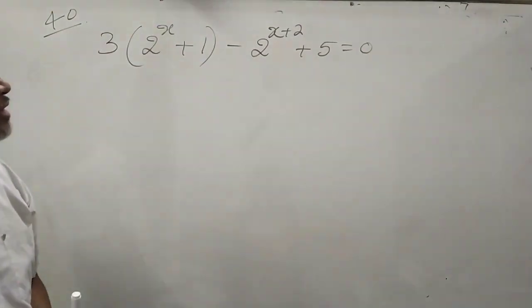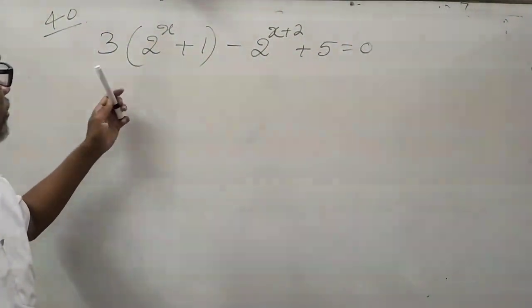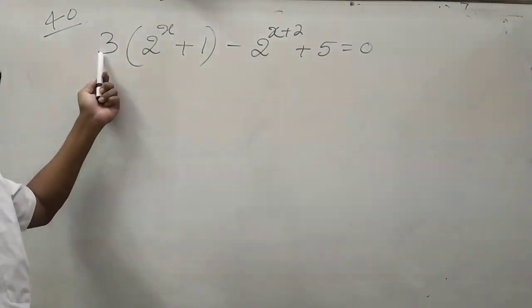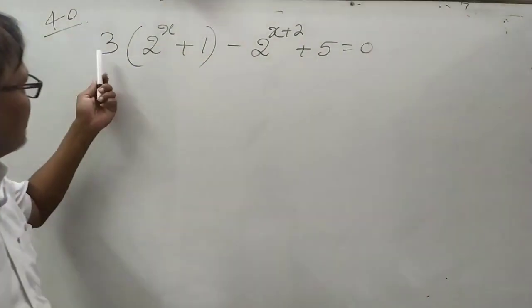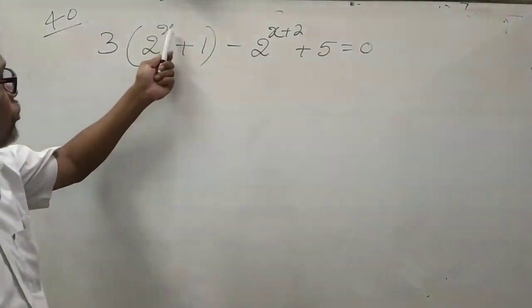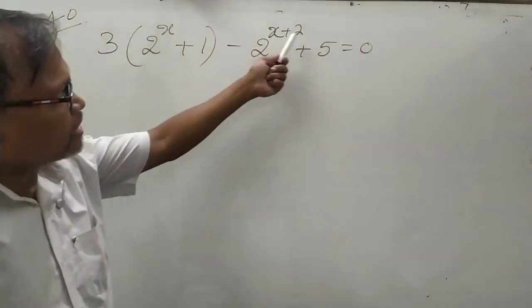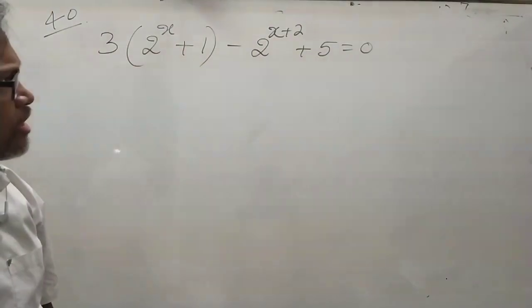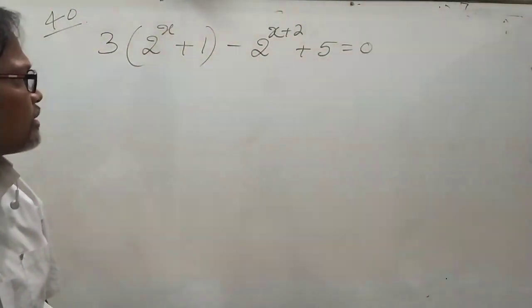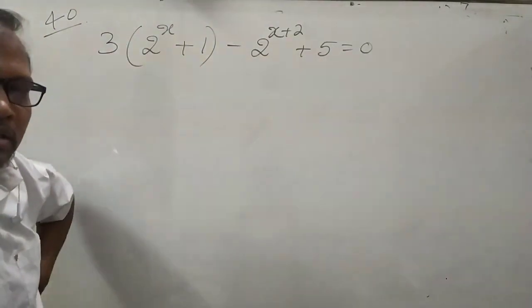Actually, this is a different type of question. Generally, when we multiply this 3, what the student does is 3 into 2, 6, 6 to the power x, 3 into 1, 3, 2 into x plus 2 plus 5 is equal to 0. And then they don't think about how this happens, मतलब ये कैसे हो गया?